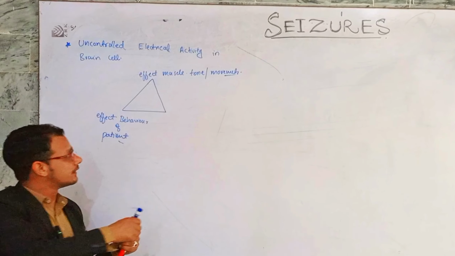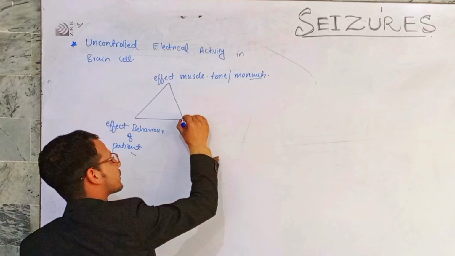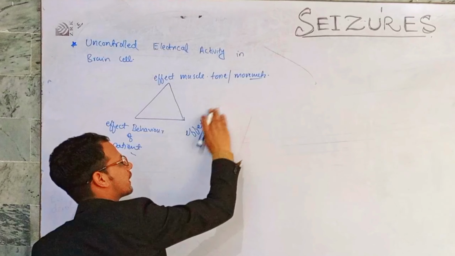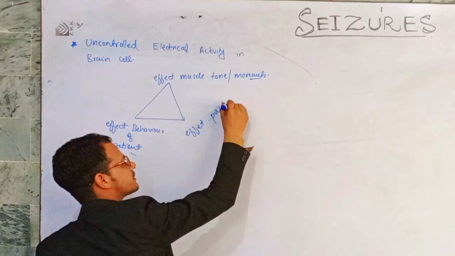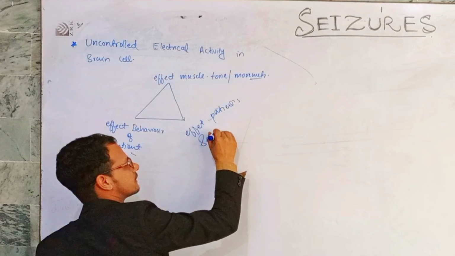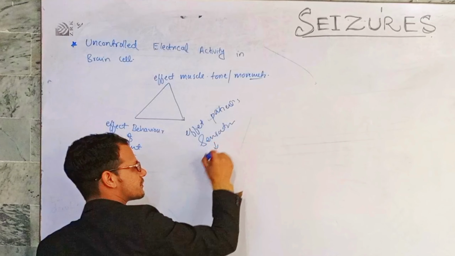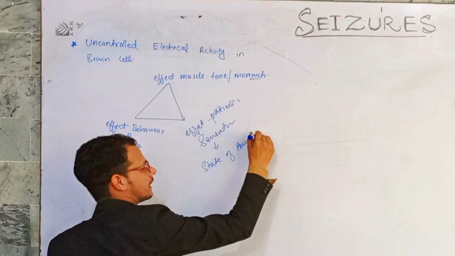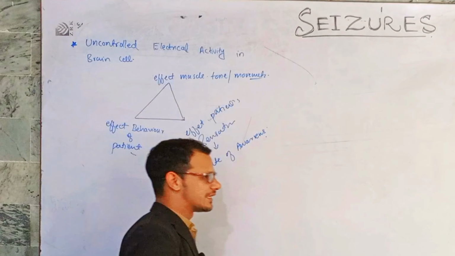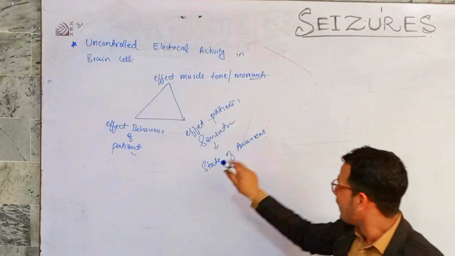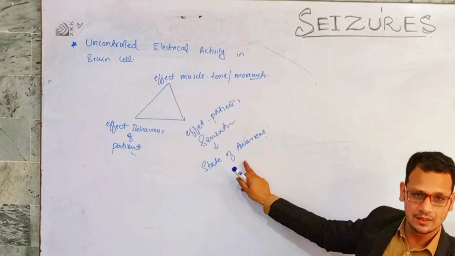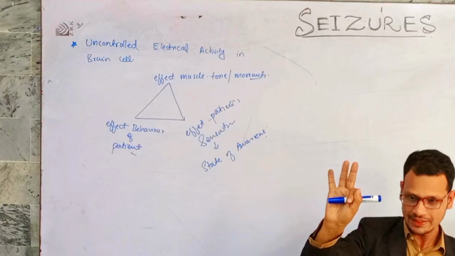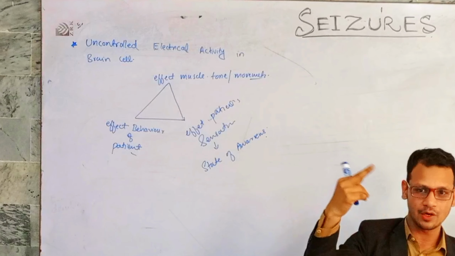The next thing is, it affects the patient's sensations. Sensation means state of awareness. In just a few seconds we will discuss that this patient will pass through three phases: delirium, stupor and coma.